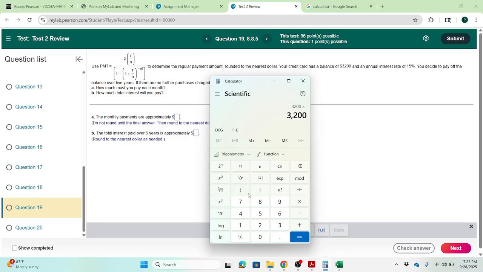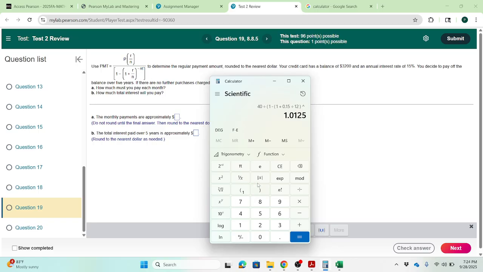To do that, you just put the information on the calculator, which is 3,200 times parentheses, rate is 15% divided by 12 because it's a monthly payment, enter, that is the number on the top. Divide that by parentheses 1 minus another parentheses 1 plus the rate 15% divided by 12, and then the power is negative.